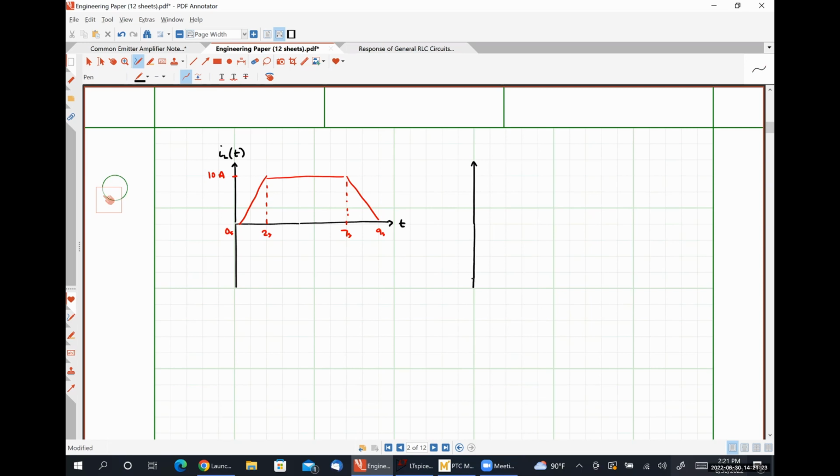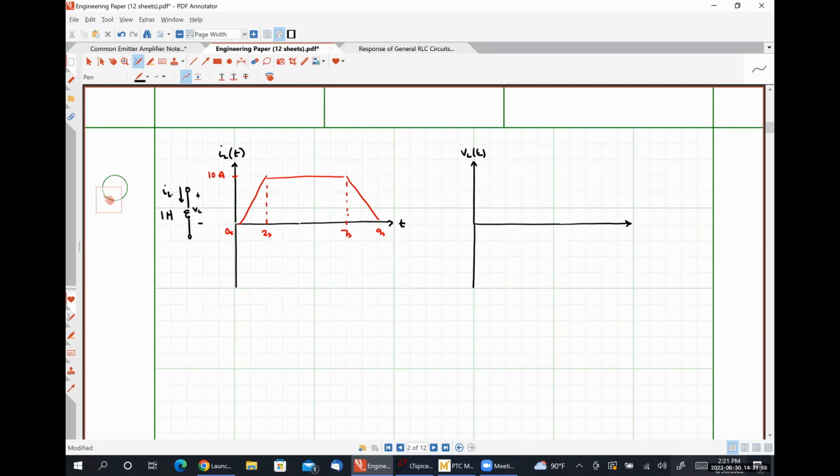On the right, what we're going to do is figure out what voltage would appear across our inductor as a function of time. So this is going to be VL of t. So if we have an inductor, let's put it over here, of 1 Henry, here's VL and here's IL.